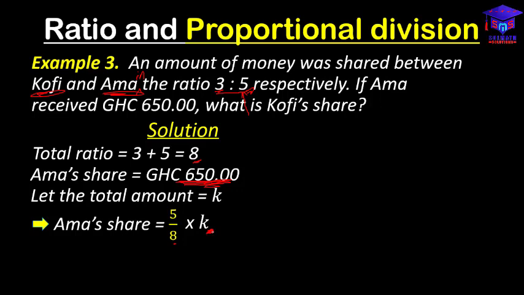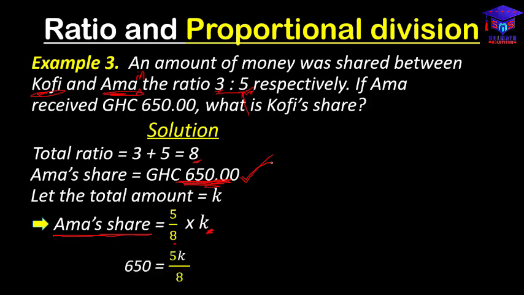Alright, but there's something interesting over here. Ama's share that we are talking about has been given already in the question. So in place of Ama's share, we can write 650 Ghana cedis. Good.